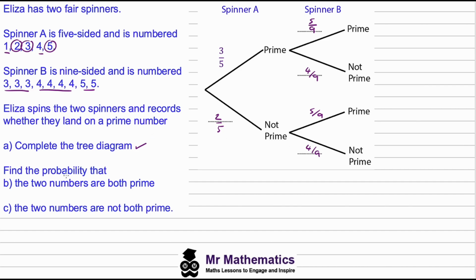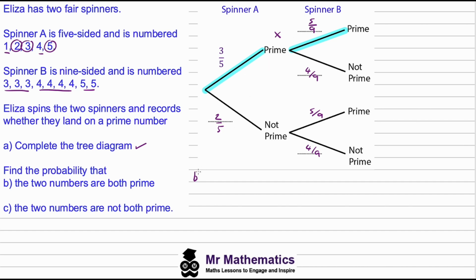And then we're asked to find the probability that the two numbers are both prime when we spin them. So you start at this point, we want a prime on spinner A and then a prime on spinner B. And in probability, the word and means multiply. So we want a 3/5 multiplied by the 5/9.